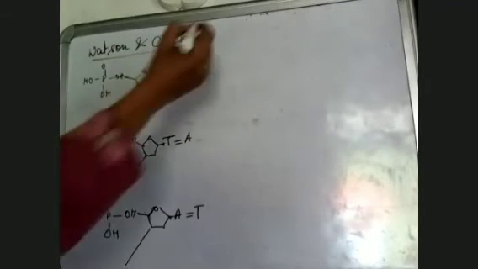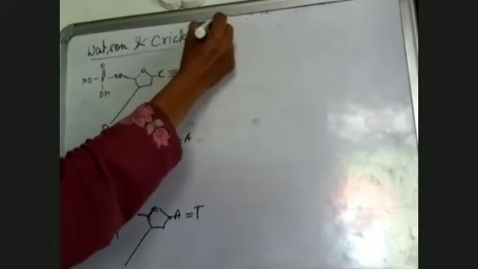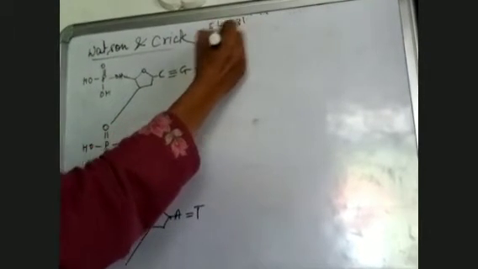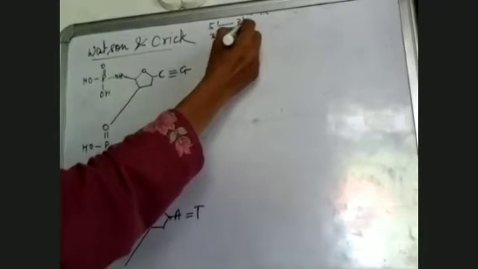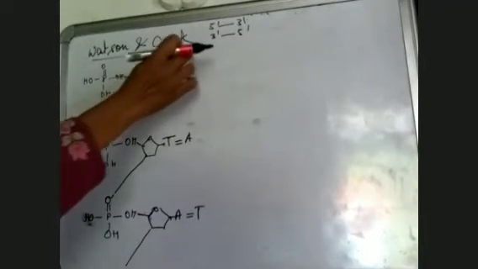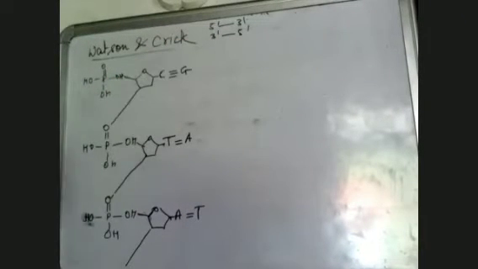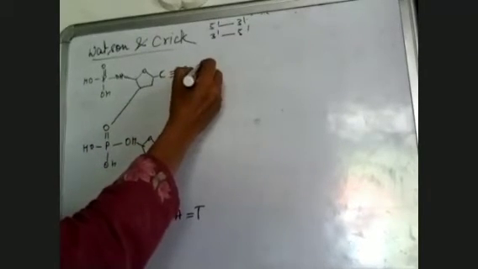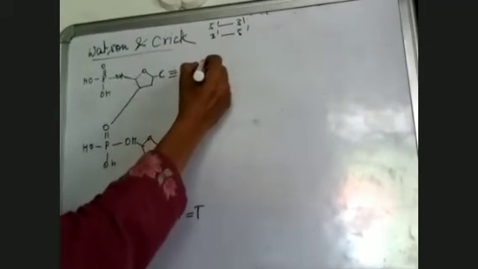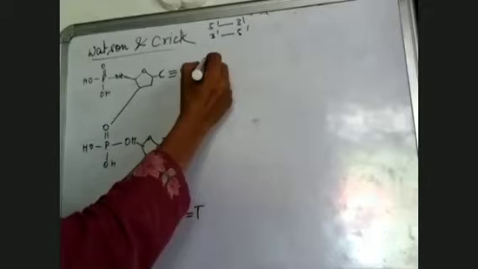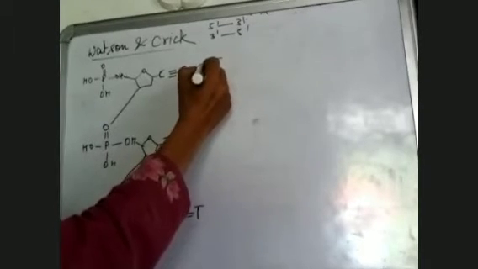Same way here, because DNA is anti-parallel, if this strand is 5 prime to 3 prime, the other will have to be 3 prime to 5 prime. So it has to be 3 prime. For that, the sugar is inverted. So how do we make that inverted sugar? It has to be made like this.